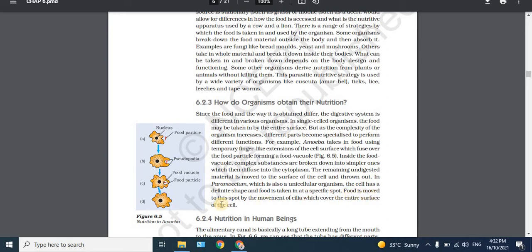Food is moved to this spot by the movement of cilia which cover the entire surface of the cell. Figure 6.5, nutrition in amoeba. A, nucleus, food particle. In B, pseudopodia. In C, food vacuole, food particle. D.